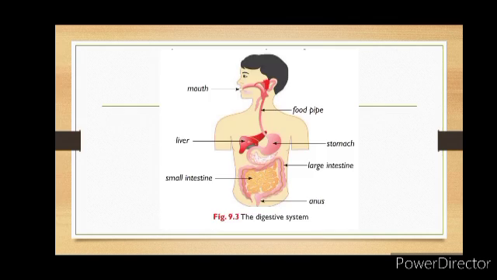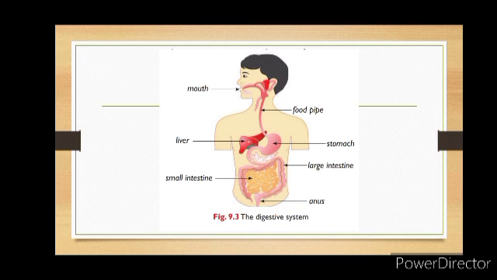The main organs of the digestive system are the mouth, food pipe, liver, stomach, small intestine, large intestine, and anus. First, we are going to know the function of the mouth in the digestive system. The digestion of food begins in the mouth.